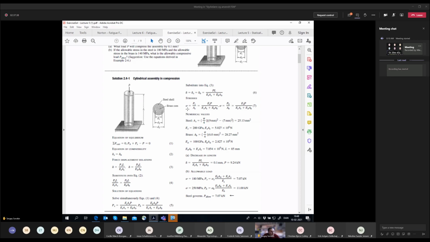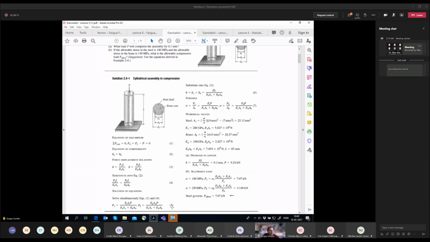Here, of course, it would be more consistent to put sigma S, and then in brass it will be sigma B. So the partition of the force is defined by formula 5, and formula 7 is just a more detailed view on what happens in steel and what happens in brass. Make sense?